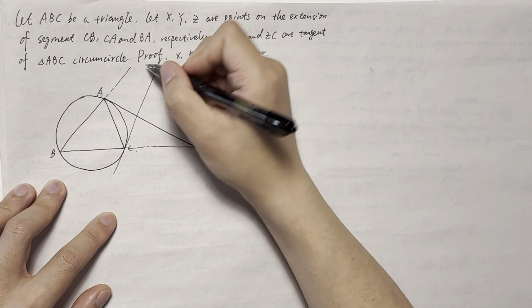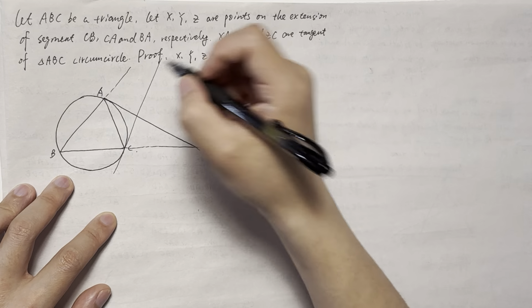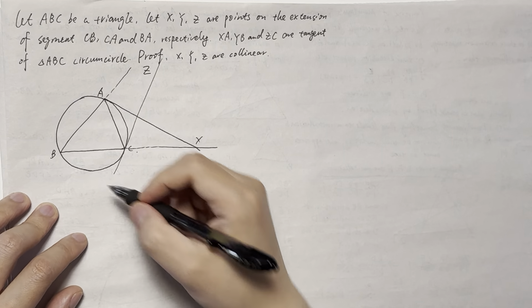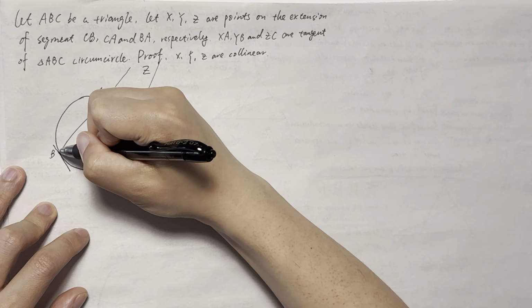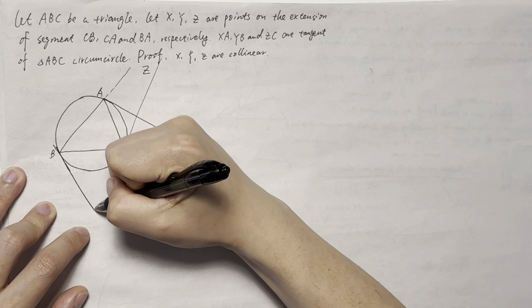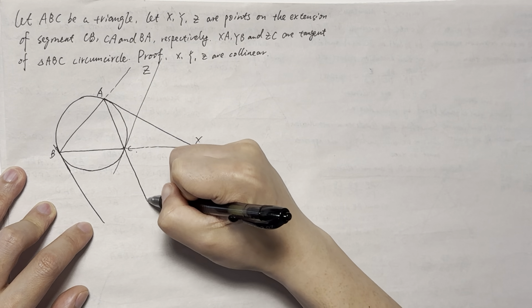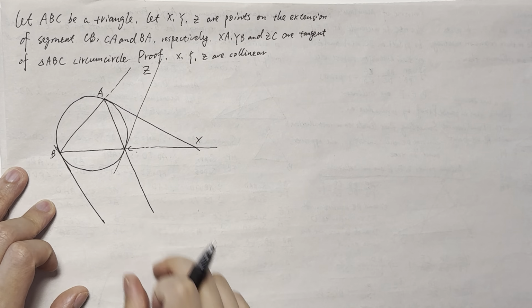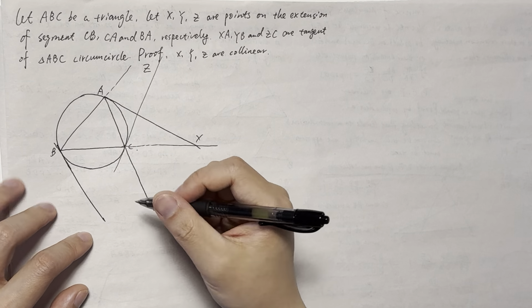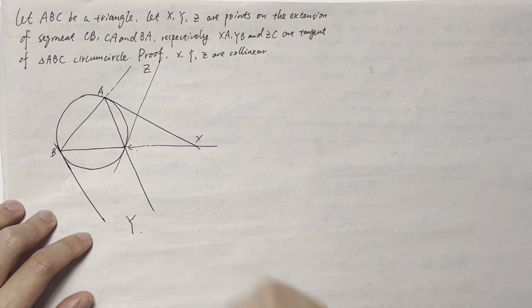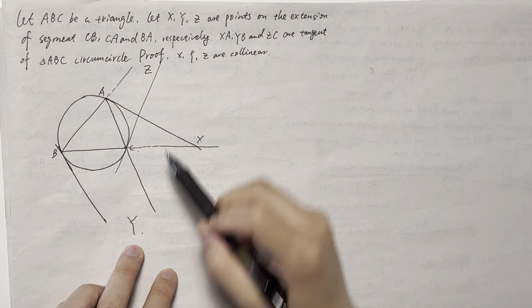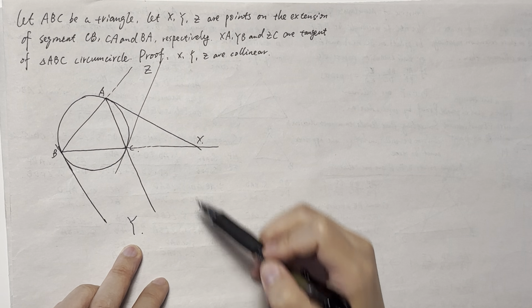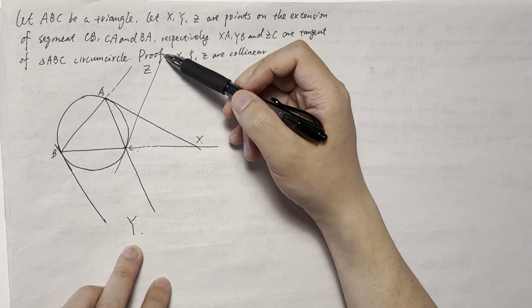I just put it here, so it would be ZC, and eventually it would intersect at a point we call Y. So we want to prove that X, Y, Z are collinear.